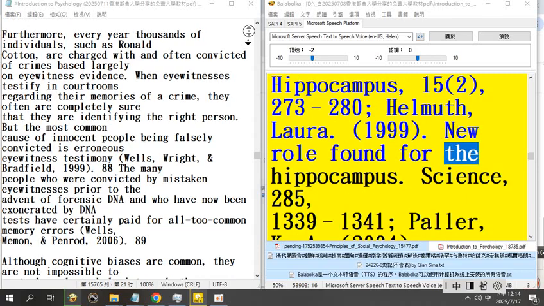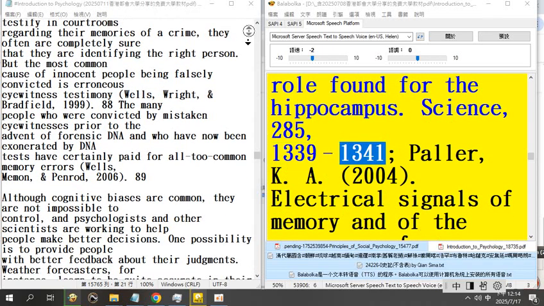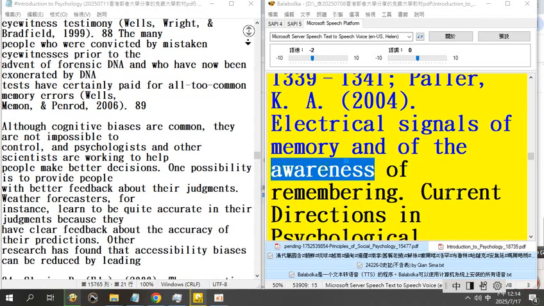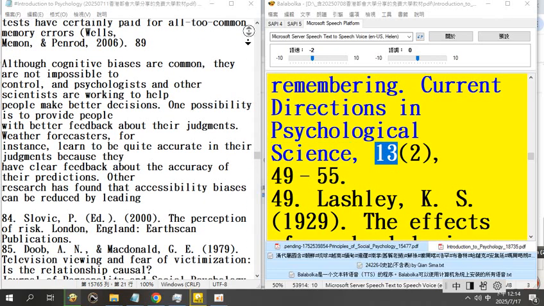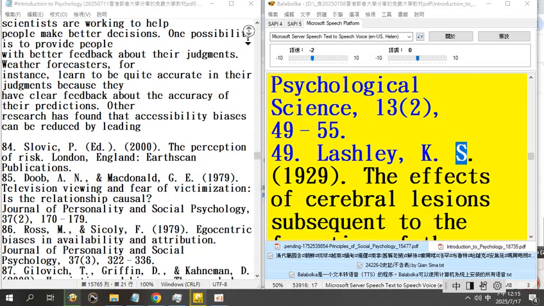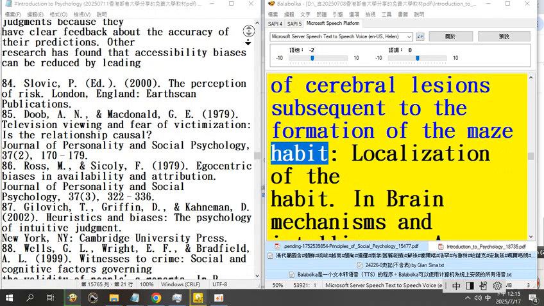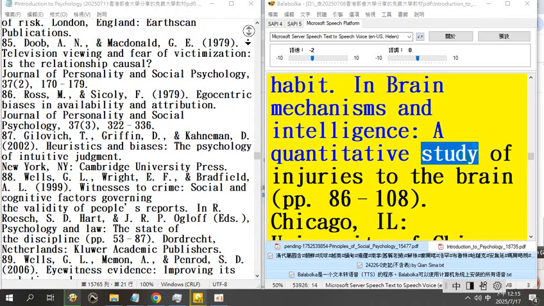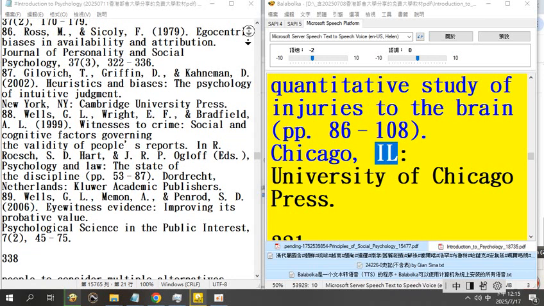New role found for the hippocampus. Science, 285, 1339-1341. Paller, K.A. 2004. Electrical signals of memory and of the awareness of remembering. Current Directions in Psychological Science, 13(2), 49-55. 49. Lashley, K.S. 1929. The effects of cerebral lesions subsequent to the formation of the maze habit. Localization of the habit in brain mechanisms and intelligence: A quantitative study of injuries to the brain, pages 86-108. Chicago, Illinois: University of Chicago Press.